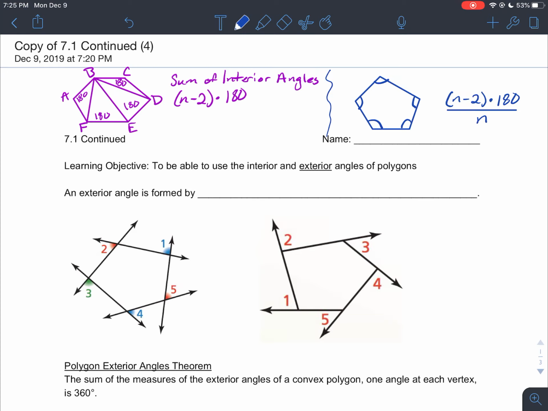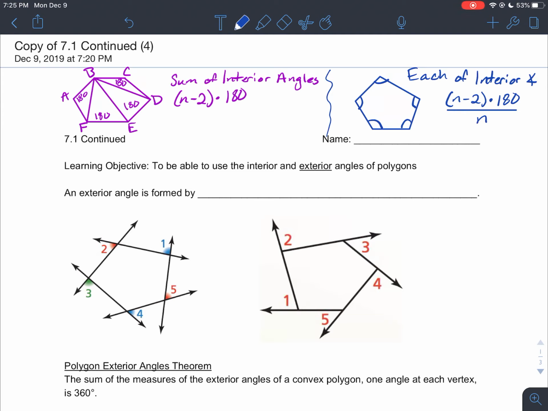So to find the measure of each interior angle of a regular polygon, I'm just going to say n minus 2 times 180 divided by n. I'm going to put each interior angle, with the angle sign, just because I'm running out of space there.